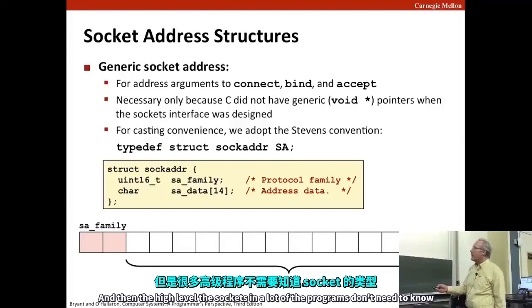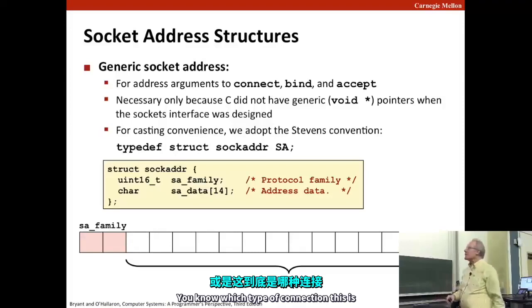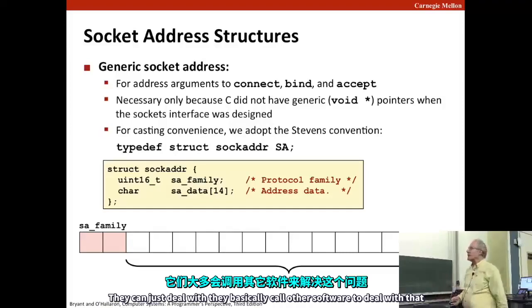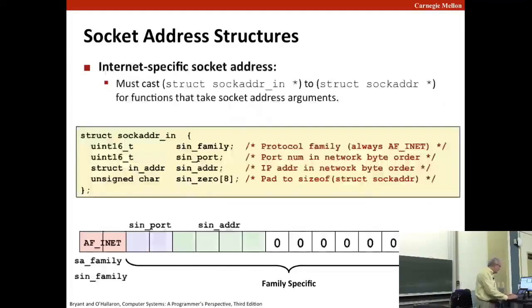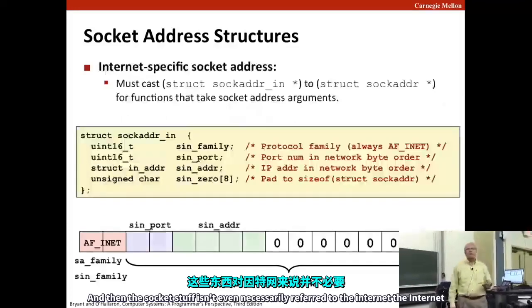And then at the high level, a lot of the programs don't need to know which type of connection this is. They basically call other software to deal with that. So that's why it's referred to as being family specific. And then the socket stuff isn't even necessarily referring to the Internet, the capital I Internet.